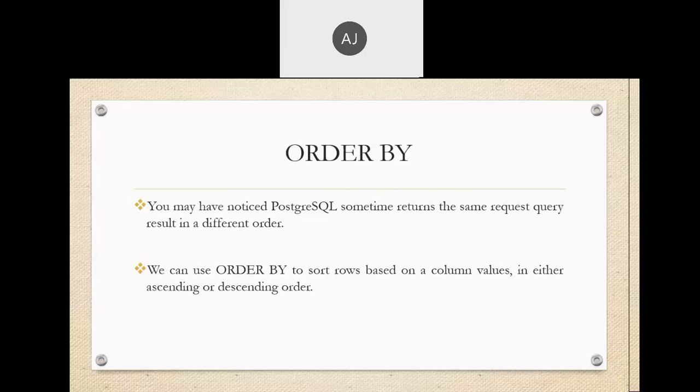We all know the concept of sorting, where we get ascending and descending order. For example, if we have random numbers like 10, 100, 20, 50 and we sort them in ascending order, we get 10, 20, 50 and 100.